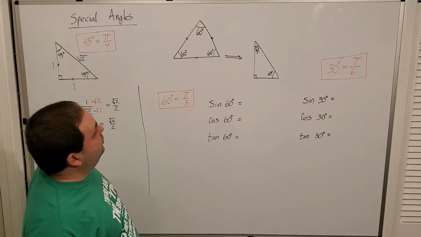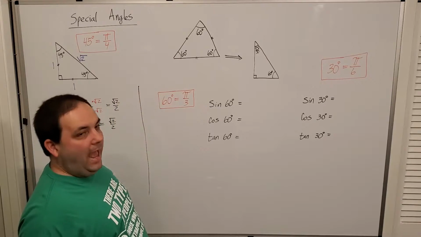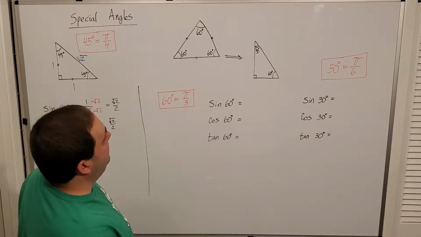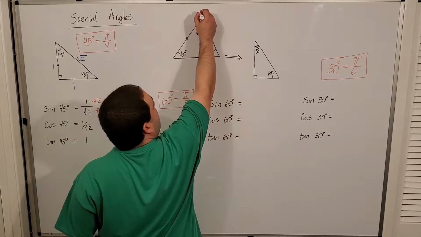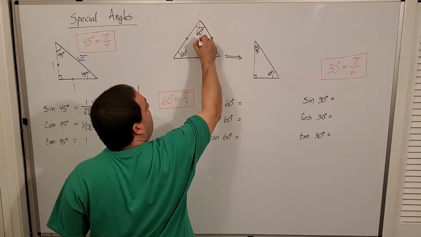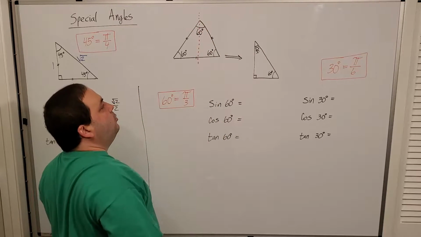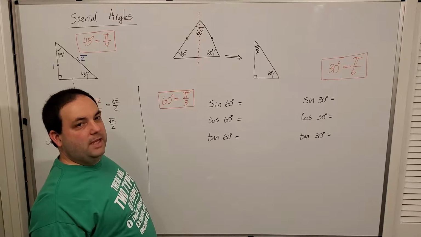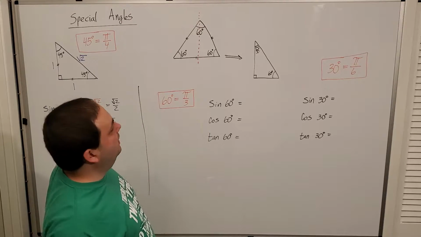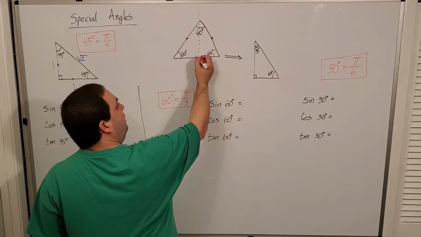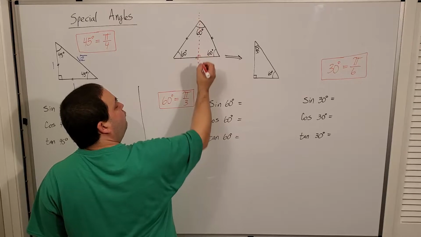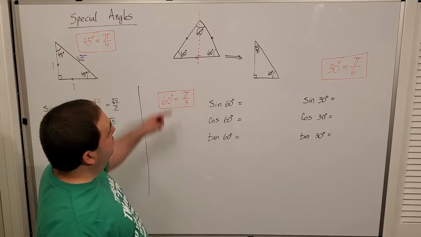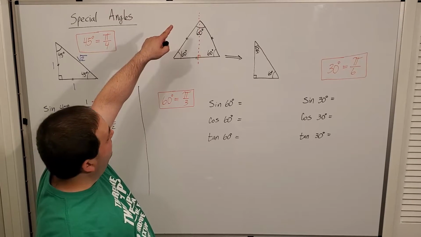And what I want to do is create a right triangle out of that. So what I'm going to end up doing is cutting this thing exactly down the middle. And since an equilateral triangle is perfectly symmetric, side to side like that, the line that causes a right angle is called an altitude that goes through the other vertex up here.